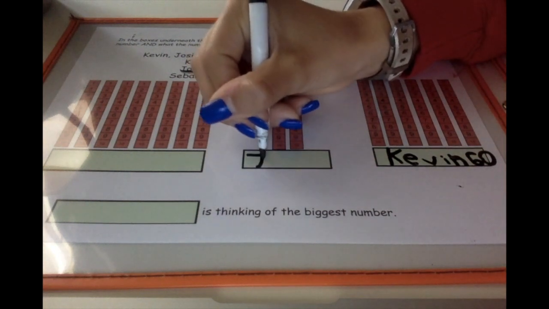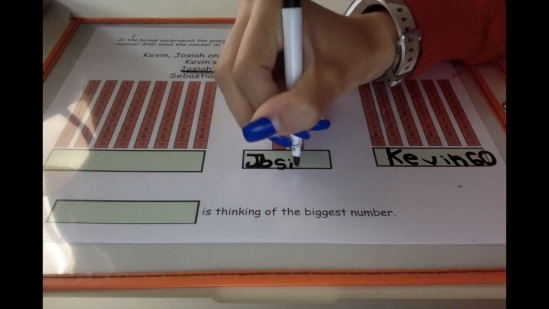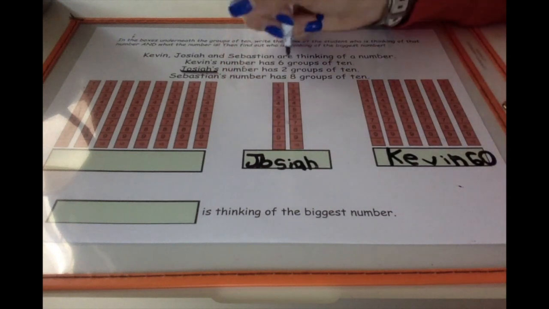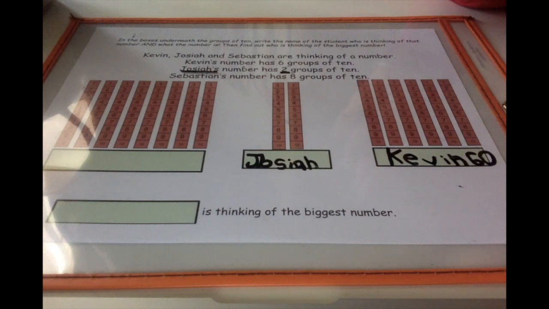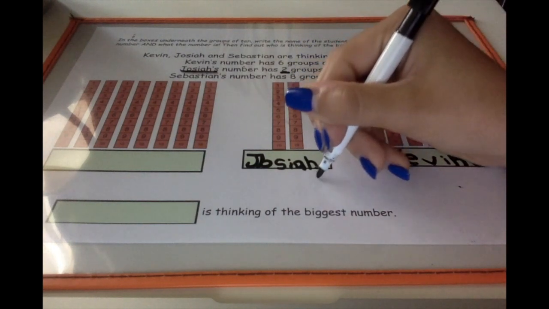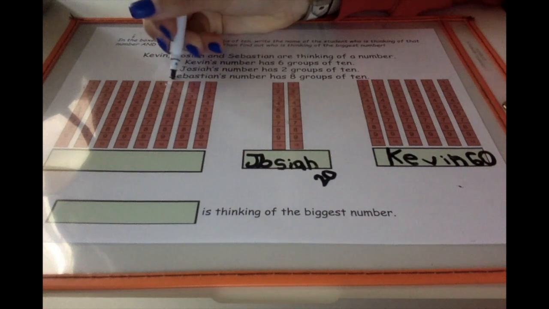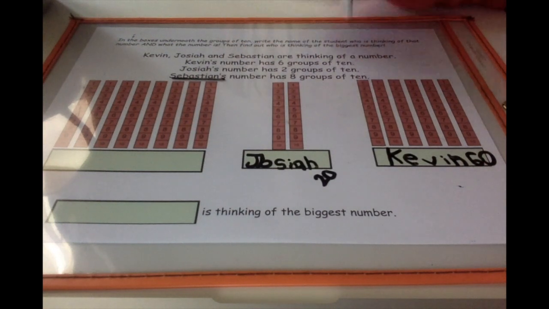It's hard to write upside down, I'm sorry. Josiah. So now his number has 2 groups of 10. What is the number he's thinking of? 20. That's right. I'm going to put it over here so there's more room. 20.